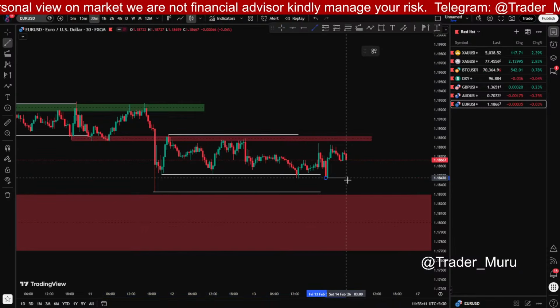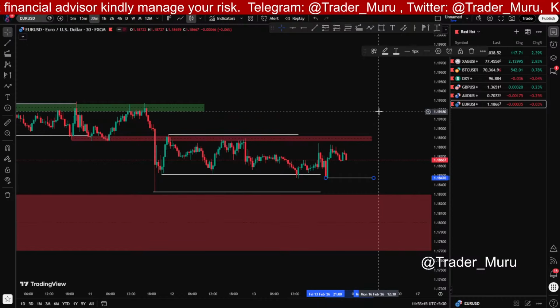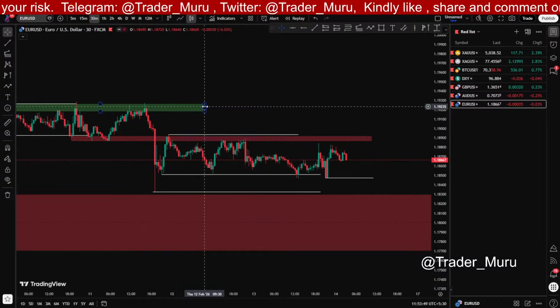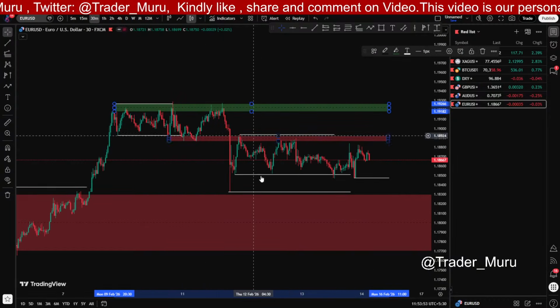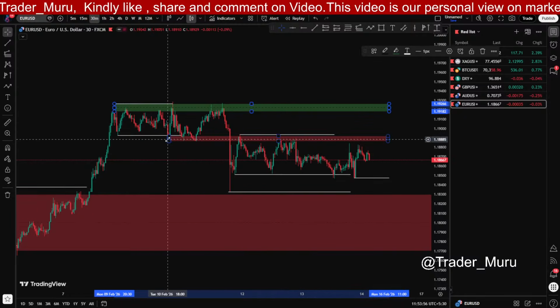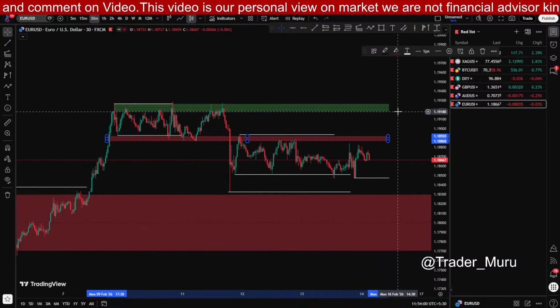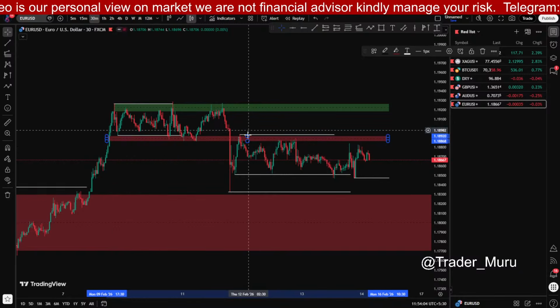We can expect it to break below this low. If this area fails, then green zone will be the target. It's a range, and this is the middle range line. Say this breaks above, target will be this; reject here, target will be the bottom low. This is just a range.